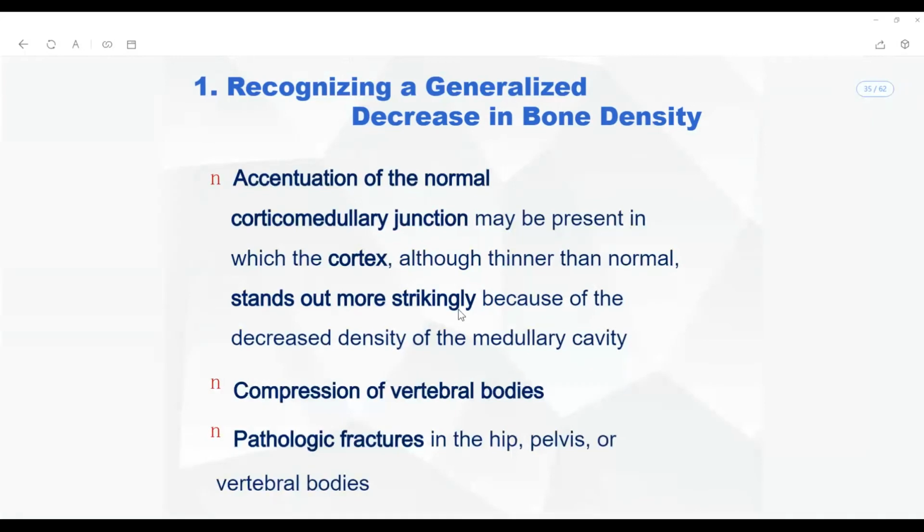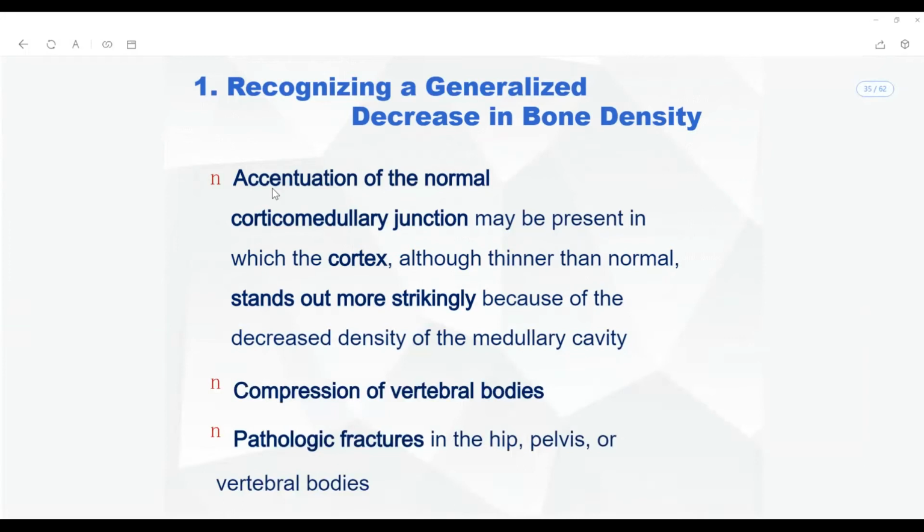But actually they did not become white due to calcium deposition, they became more white and prominent because of the black background, right? So that is called attenuation. Loss of density when compared to the surrounding structures is called attenuation, right?